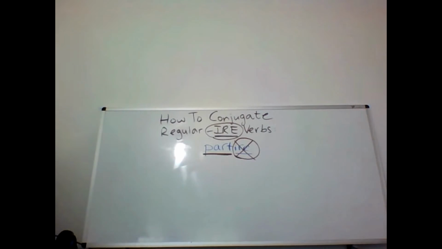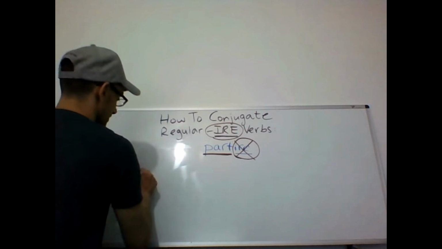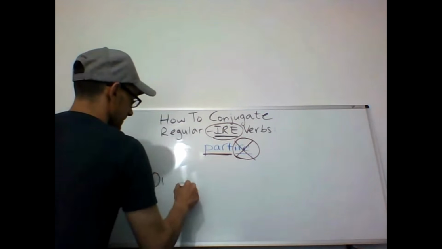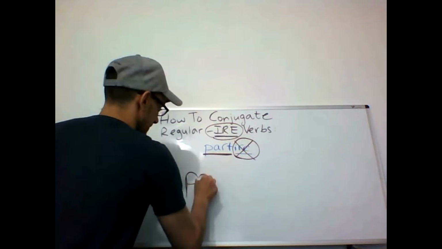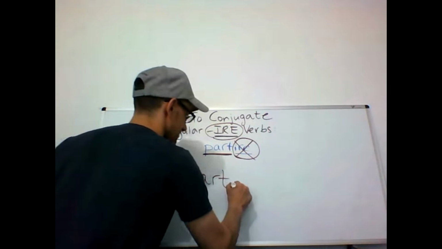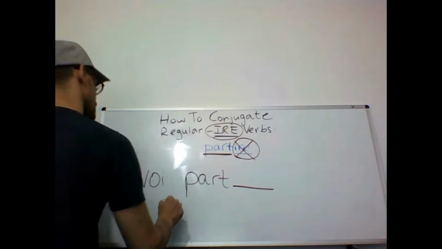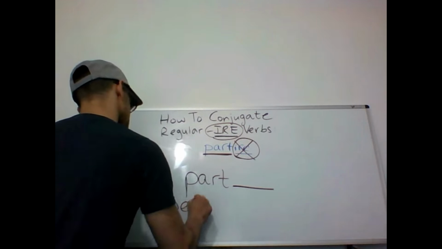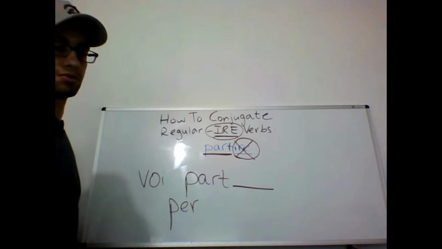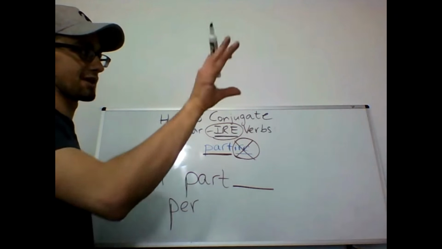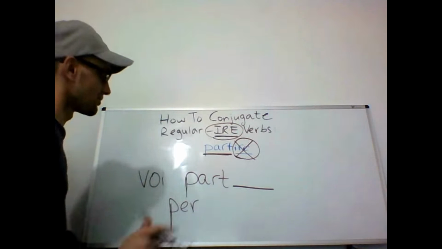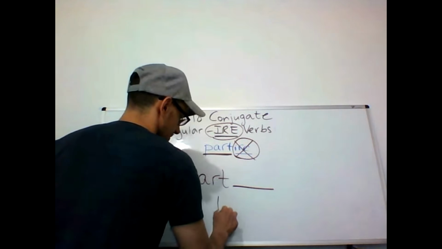Let's do a voi. So we have voi. We have the stem. And let's have them go to, or you all are going to Germany.